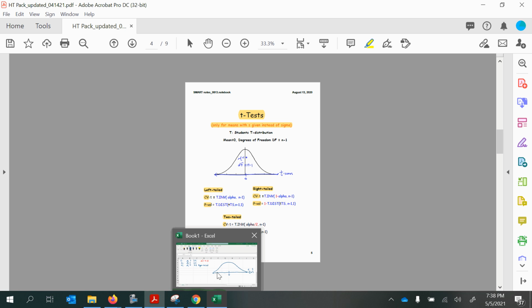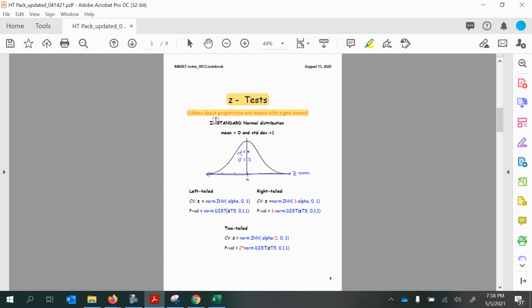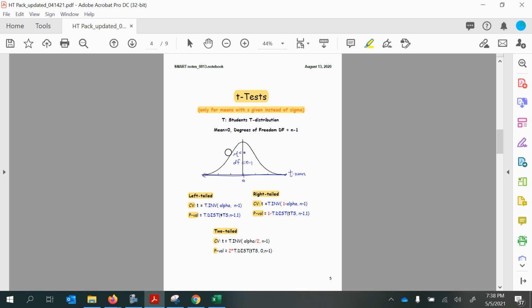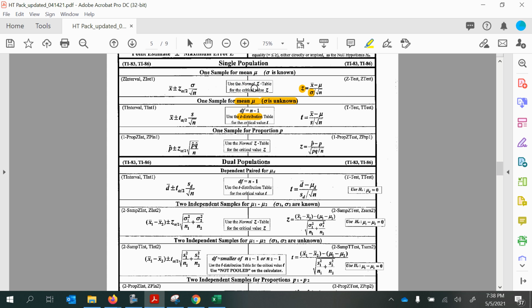Okay, claims about proportions are always going to be Z-tests. And if we're doing a claim about a mean with sigma known, the population standard deviation known, then it's a Z-test. But if it's a claim about a mean with S given instead of sigma, then it's a t-test. We can also see that on the formula sheet with these different options.